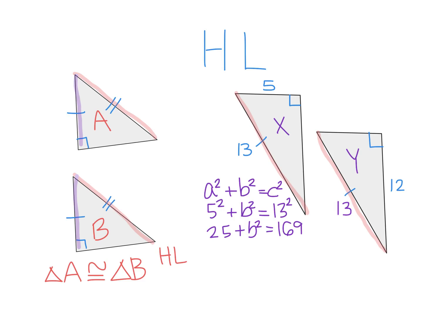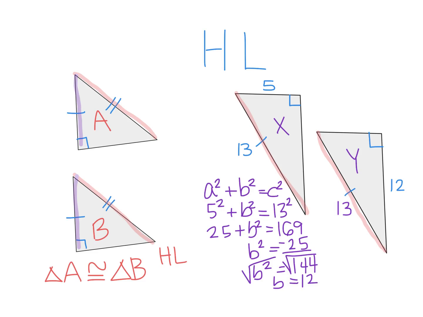Whenever I use this formula, I'm going to solve for b squared. So I have 169 minus 25 gives me 144. To solve for b, I want to take the square root. B has a value of 12.